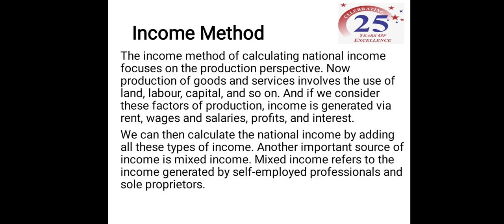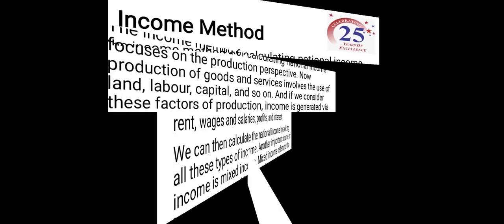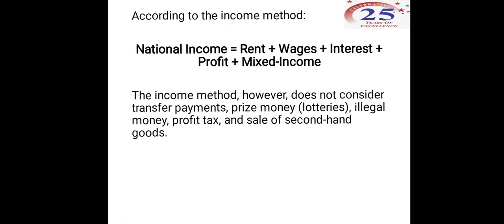Another important source of income is mixed income. Mixed income refers to the income generated by self-employed professionals and sole proprietors. According to income method, national income is calculated by adding rent, wages, interest and mixed income.